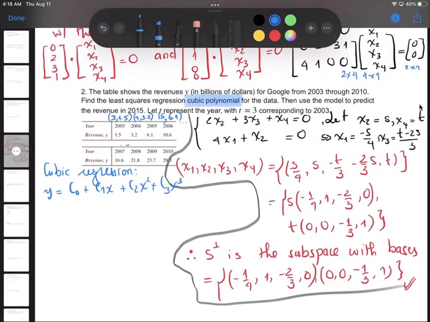So in this problem, I'm going to write out the first few equations.